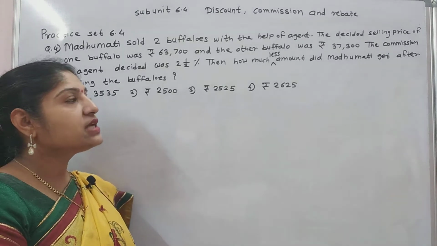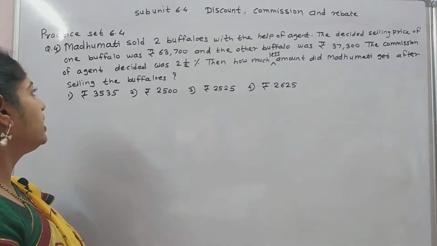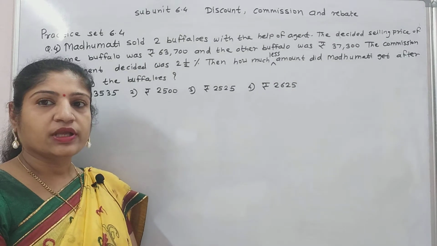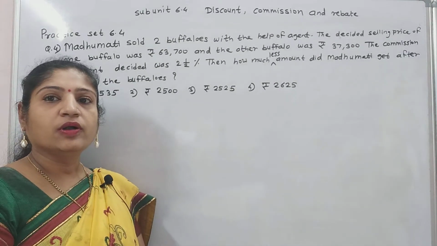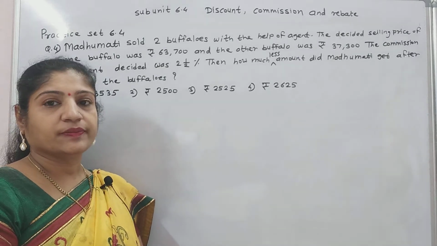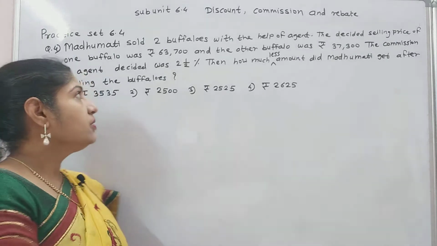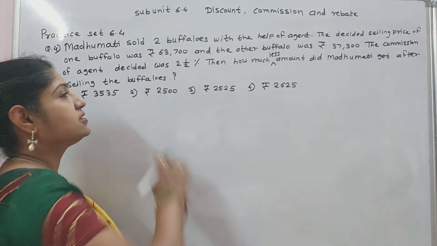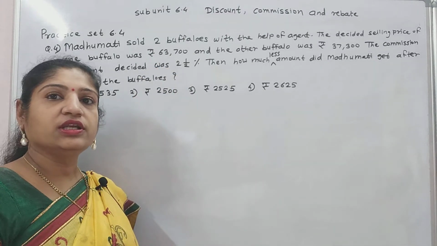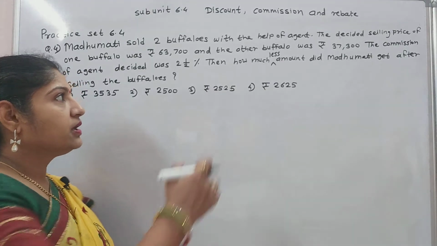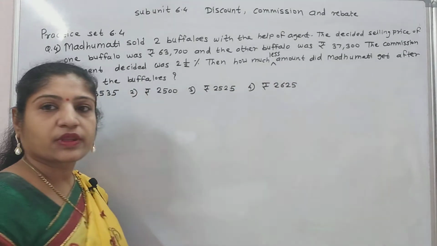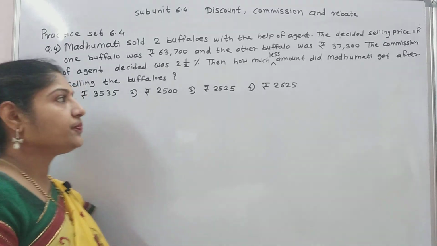Then how much less amount did Madhumati get after selling the buffaloes? Madhumati sold the buffalo through the agent, so she must give the agent some commission. She gives the commission, so she gets the less amount as a commission.